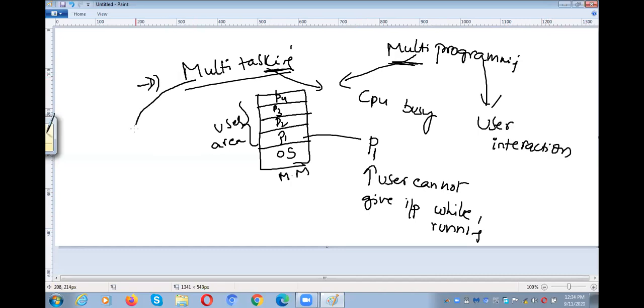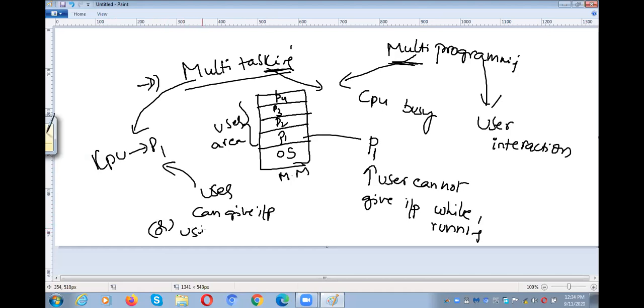Whereas in the case of multitasking, while the CPU is executing P1, the user can interact with the process. That means the user can give input, from a keyboard, to the process.